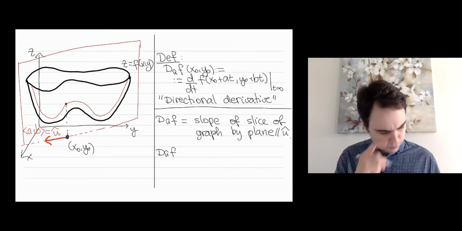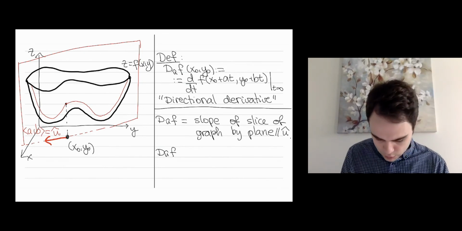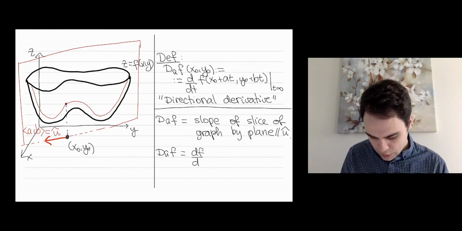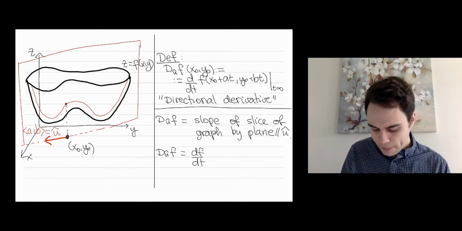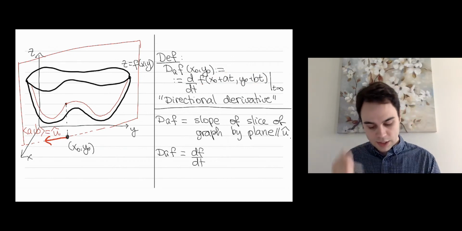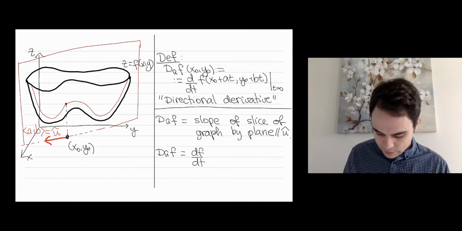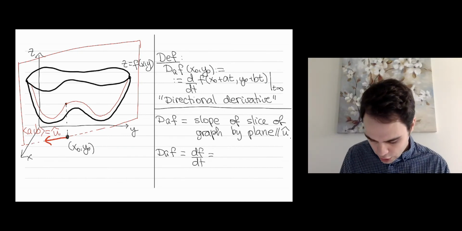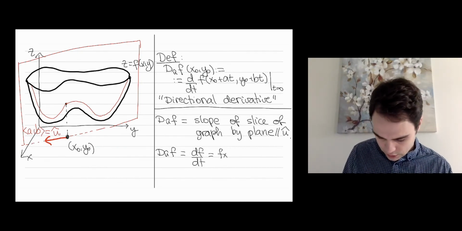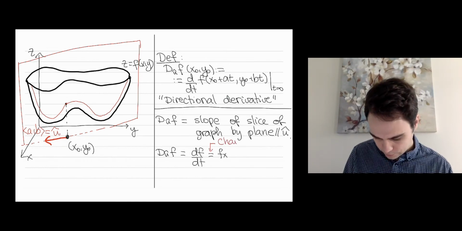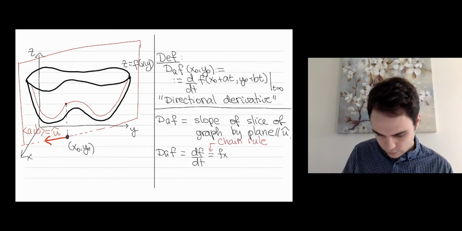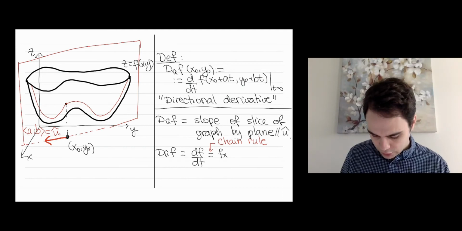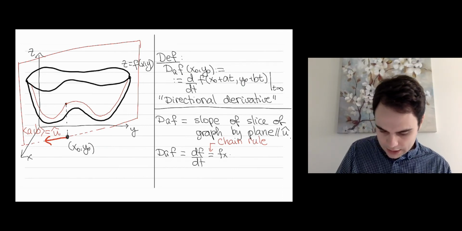So this directional derivative is df/dt, right? So x and y depend on a variable t here inside, and f depends on x and y. So when we differentiate f with respect to t by the chain rule, I get the x partial of f times dx/dt.